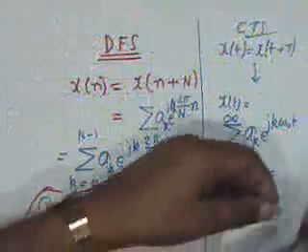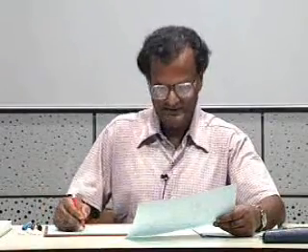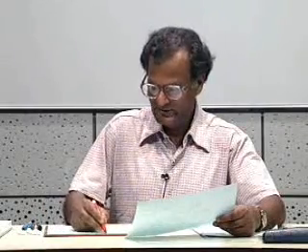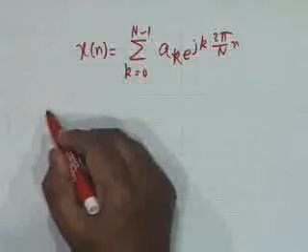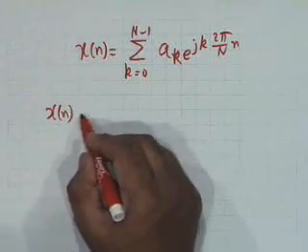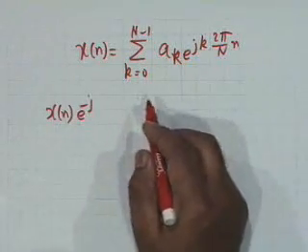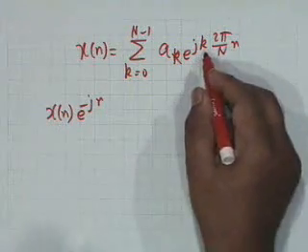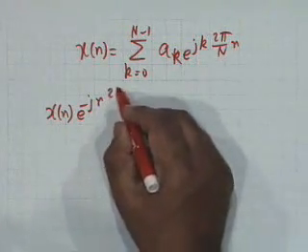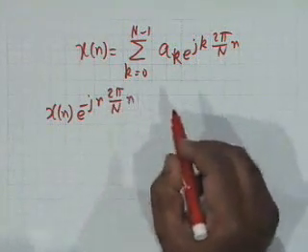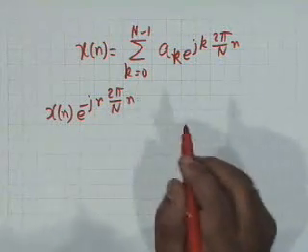Let us look at this. x of n is the summation of a_k e to the j k 2 pi by N times n, where k goes from 0 to N minus 1. Then we multiply x of n by e to the minus j r 2 pi by N times n, where r is some other integer, I do not want to confuse it with k. I believe I have done this earlier. If I have not done it, you do it.